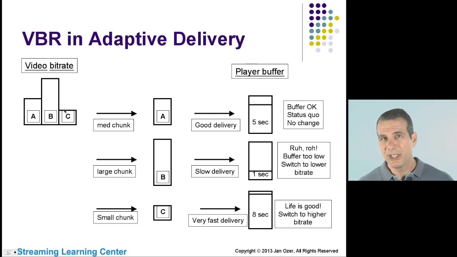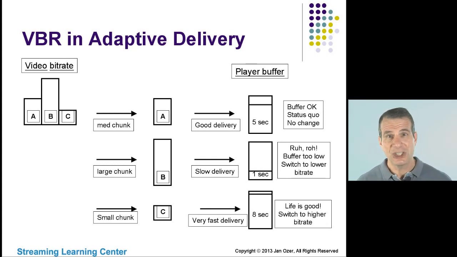Now, one of the heuristics that the player monitors to determine when to stream switch is the player buffer. So when we send chunk A, it gets there fairly quickly because it's normal sized, and in the example, we're showing 5 seconds in the buffer. So life is good. The player won't signal a stream switch. The player won't retrieve a different stream.